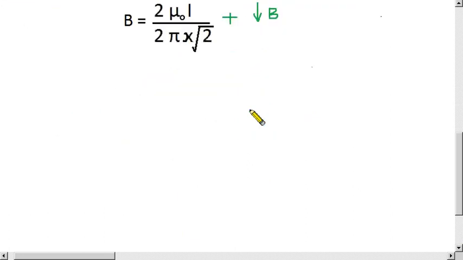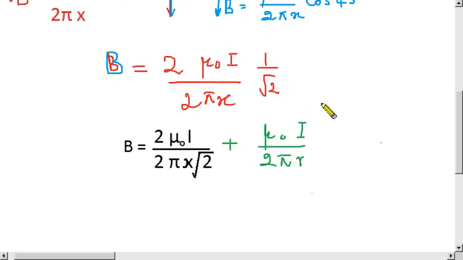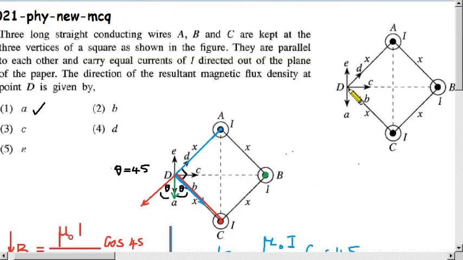Let us write that: mu naught, the current is the same I, 2 pi r. What is r? This is the magnetic flux density we are talking about, so the distance is this one.